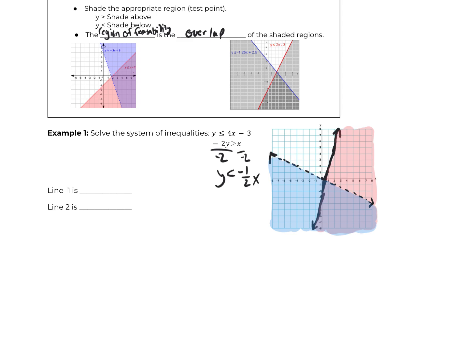All right, so we are going to be looking for this overlap. So this purple area here in the bottom right is where all of our solutions are going to lie. And again, line 1 is solid because the sign was less than or equal to. And line 2 is dashed or dotted because the sign was just less than, not less than or equal to.